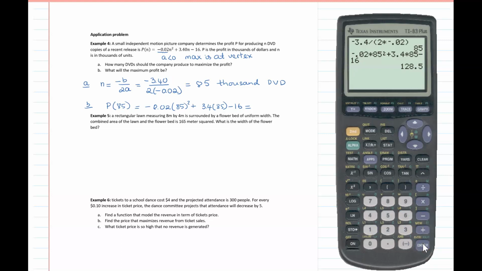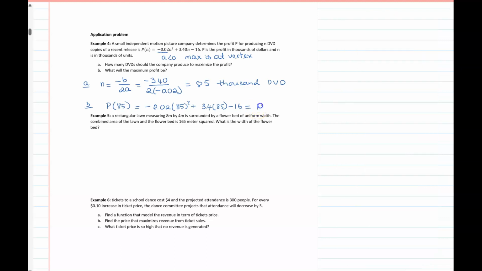So the company makes the maximum profit of $128.5 thousand. And this is in the unit of thousands of dollars.